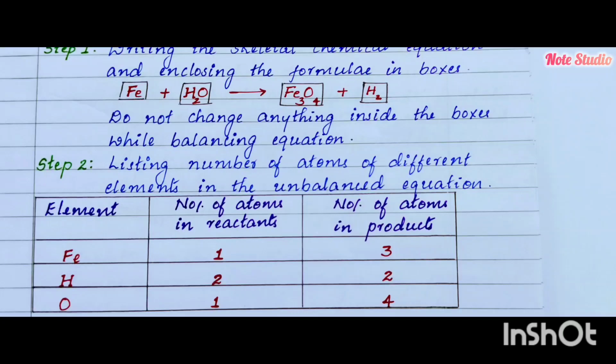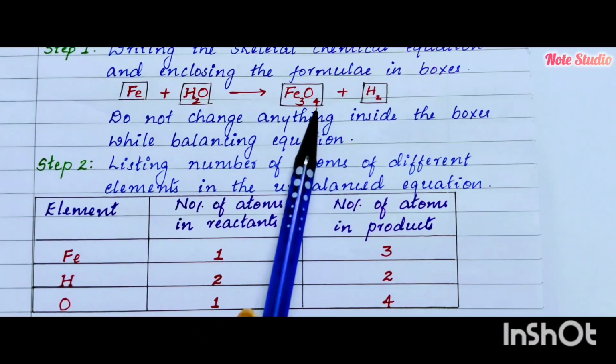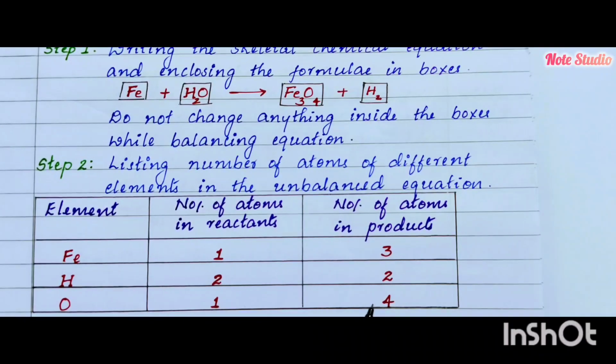Correct, only one. What about the product side? It is 4. Now, iron is not balanced. Oxygen is not balanced. Different numbers of atoms are present in the reactant side and the product side.